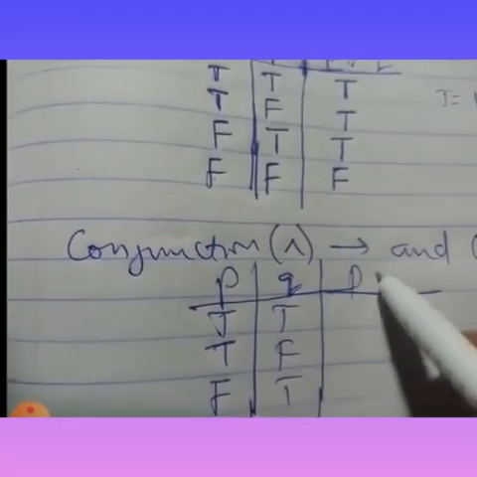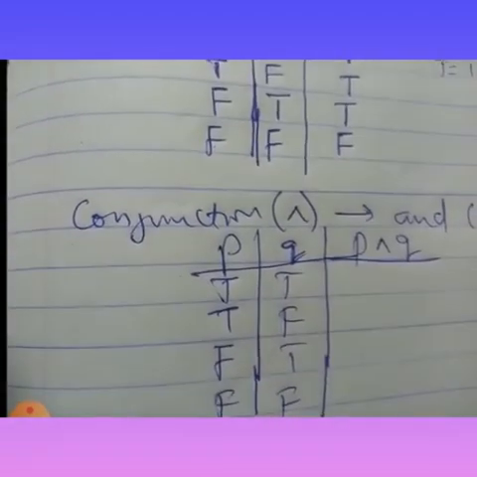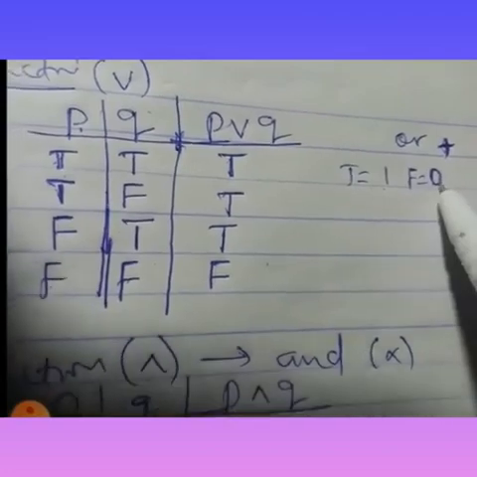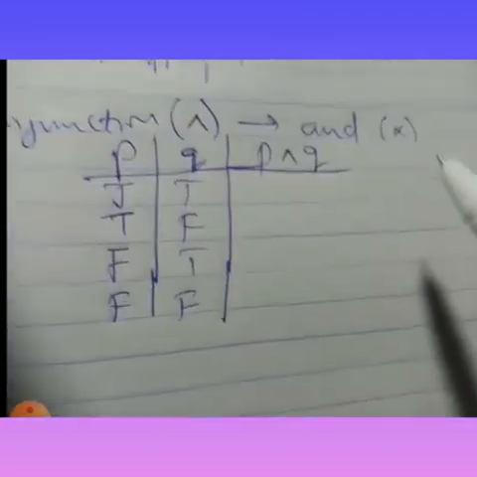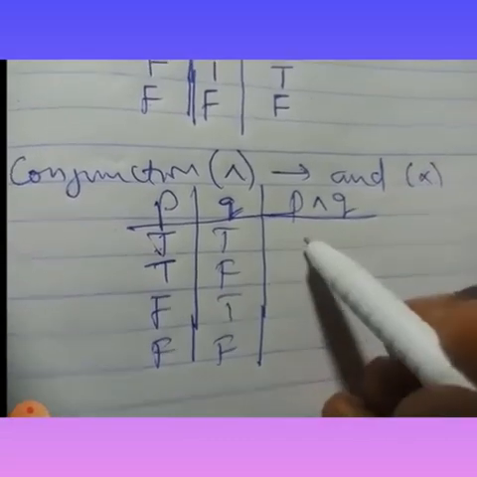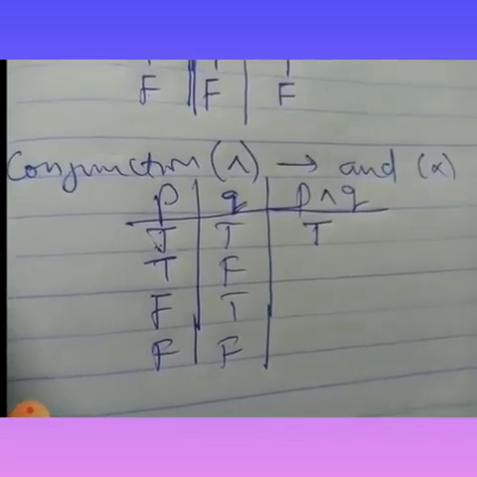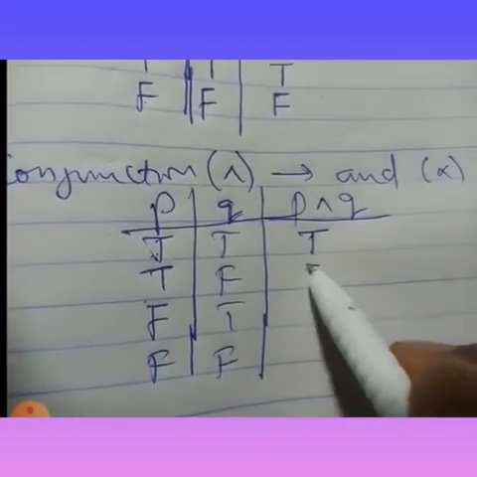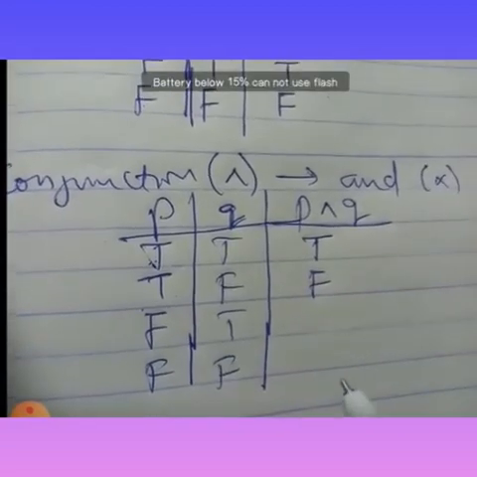So P and Q. Now, like I told you, true will represent 1, false represents 0. And if conjunction is times, we have 1 times 1, that is 1. So true and true is true. 1 times 0, that is 0, false. True and false is false.